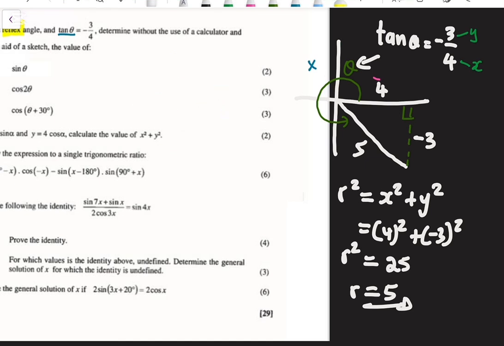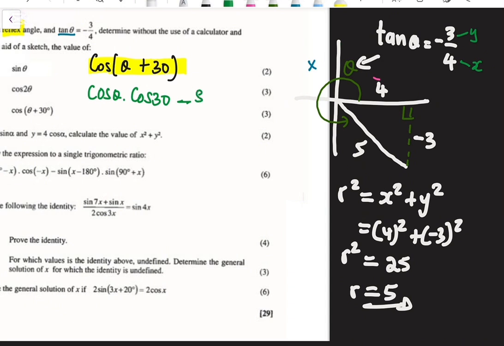Next question, we are given cos theta plus 30. Now, this is a compound angle, so we need to expand. So to expand cos, we are going to have cos theta multiplied by cos 30, and then minus, because with cos, the sign always changes.